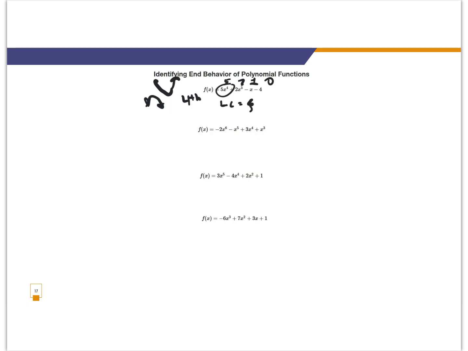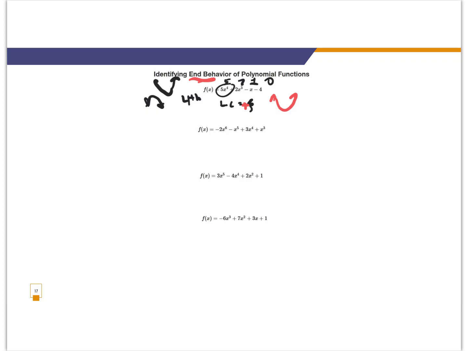It's positive 5. It's more important. I don't care that it's a 5. I care that it's positive. It's a positive 5, so that means both go up. So both sides go up. Why do I care? Because we're doing end behavior.